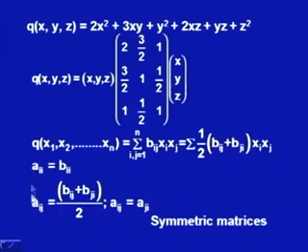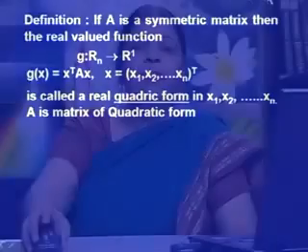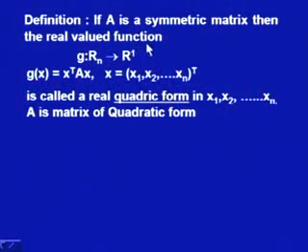So, with this definition, I can always represent a given quadratic in the matrix form where the matrix is a symmetric matrix. Now, I formally define quadratic form. We say that if A is a symmetric matrix, then the real valued function g from R^n to R defined as g(x) equal to x transpose Ax, where x is a column vector (x1, x2, ..., xn) transpose, is called a real quadratic form in the variables x1, x2, ..., xn.